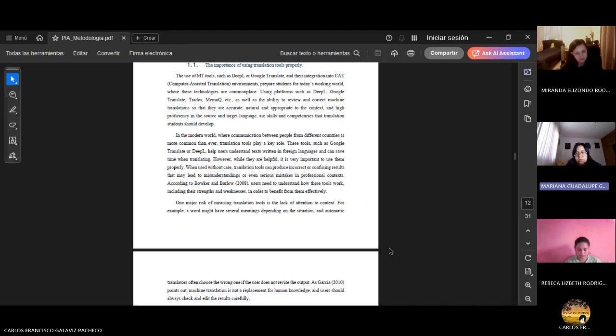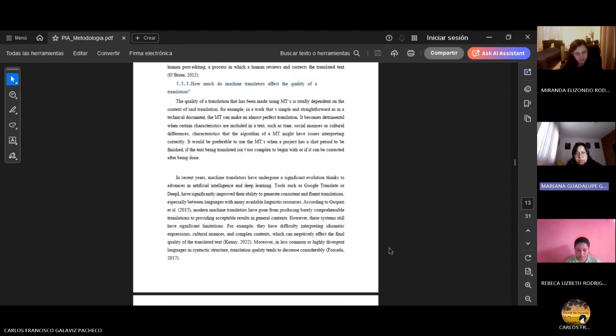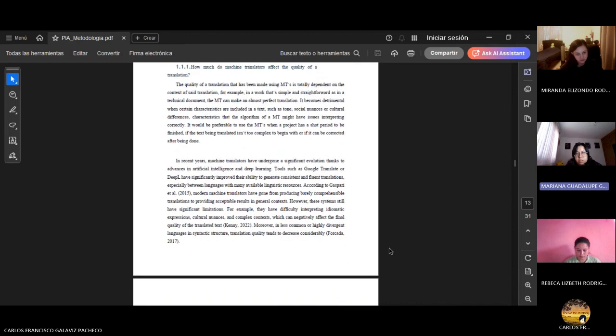The definition of what machine translation is: machine translation (MT) is the use of automated software that translates text without human involvement. MT is based on probability, not meaning.